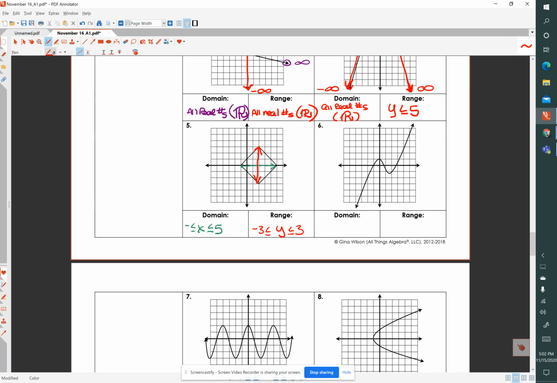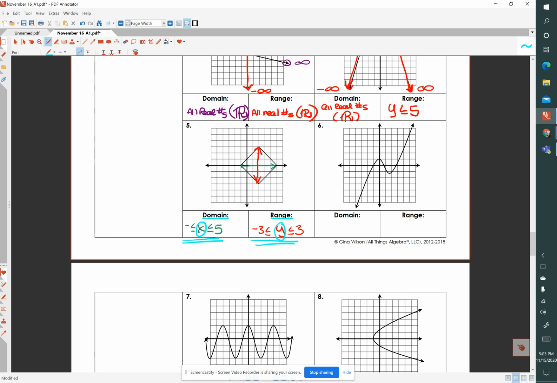Okay, I just want to make a point right now to everybody out there. If I'm asking for the domain, you must give me x. If I ask for the range, you must give me y. I will mark them incorrect on a test because the domain is all the x values, the range is all of the y values.